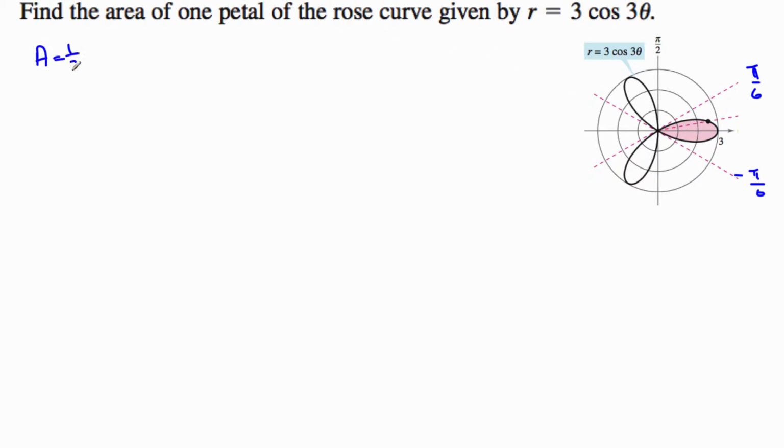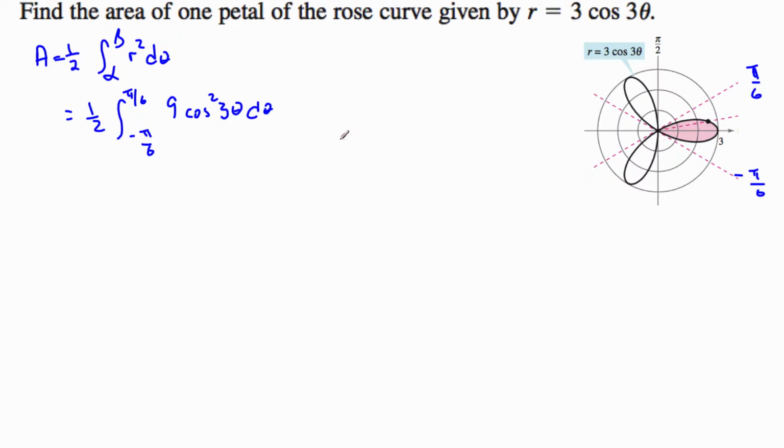Okay, area is 1/2 the integral from alpha to beta of r squared d theta. So this is 1/2 the integral. Alpha is negative pi over 6, beta is pi over 6, r squared is 9 cosine squared 3 theta d theta.